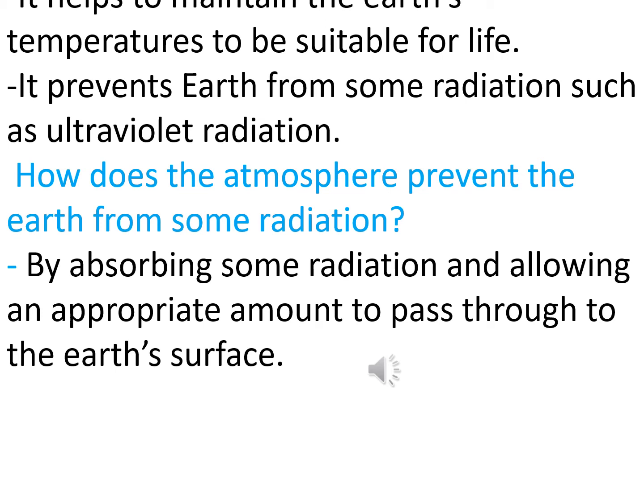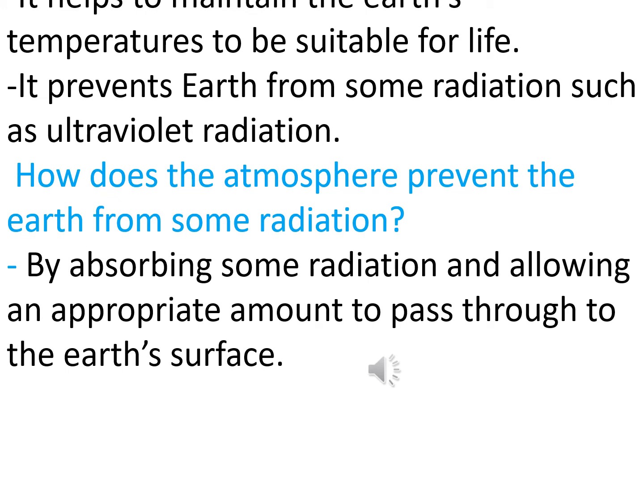But because of the atmosphere, we are able to live a suitable life under favorable temperatures. 2. It prevents the Earth from some radiation. Some radiations are very hot, but because of the atmosphere, it prevents much of it and only allows an appropriate amount to pass through to reach the Earth's surface.